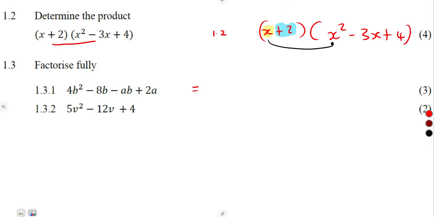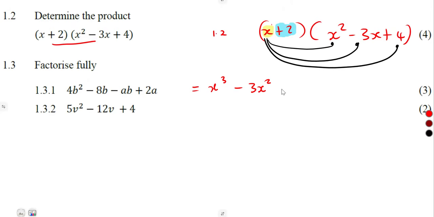X times x squared, that's x to the exponent of 3. We add our exponents, 1 plus 2, which is 3. All right, x is going to multiply minus 3x. So that's minus 3x squared. Then x is going to multiply 4. That's positive 4x. So x multiplies each and every term in the second bracket.